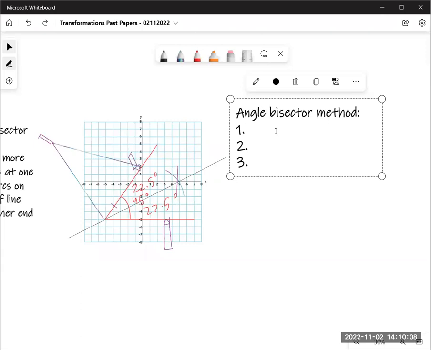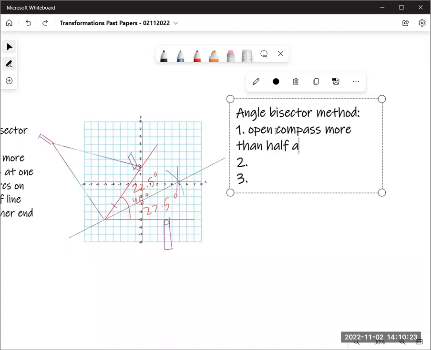Now the first thing is, open compass more than half and make arc. Repeat for other line. Join arc and center of angle. Fine. Any questions?